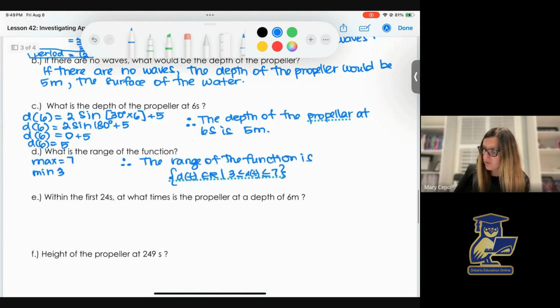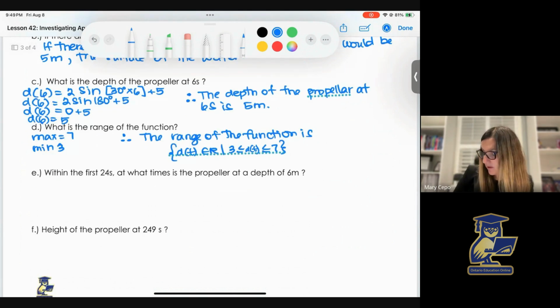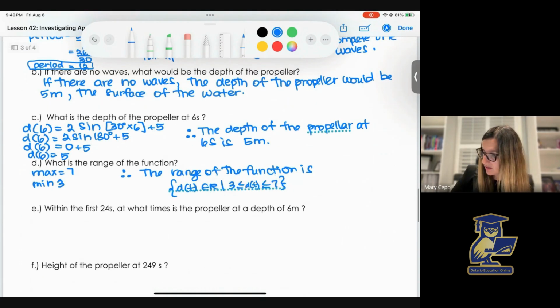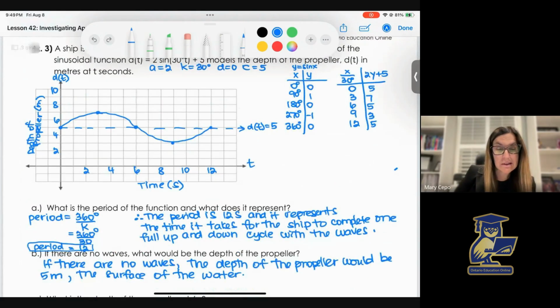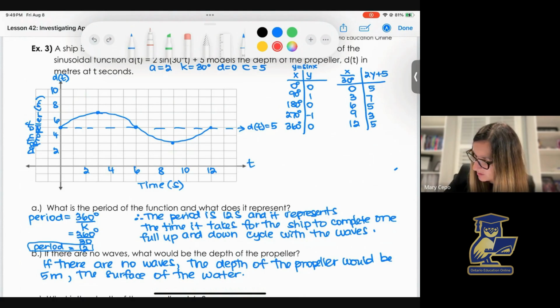Okay. Within the first 24 seconds, at what time is the propeller at the depth of 6 meters? If we read that off the graph, 6 meters is at this point when t is equal to 1, and 6 meters is here when t is equal to 5.